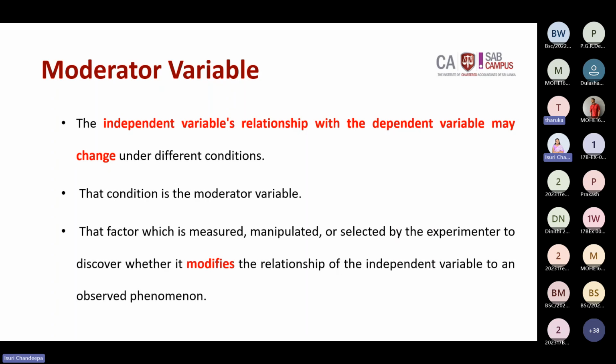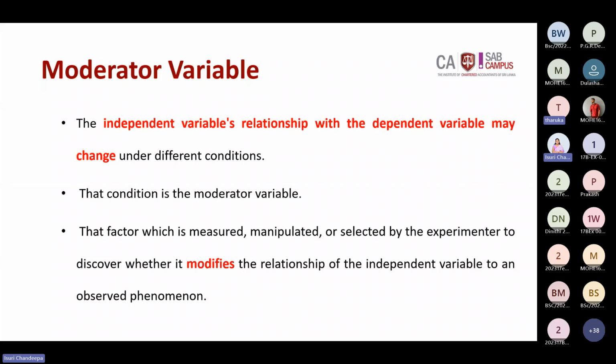Sorry, the dependent variable is customer satisfaction, whereas the independent variable is service quality. You go to a hotel, and based on their service quality, your satisfaction level may be determined. So this is a direct relationship.